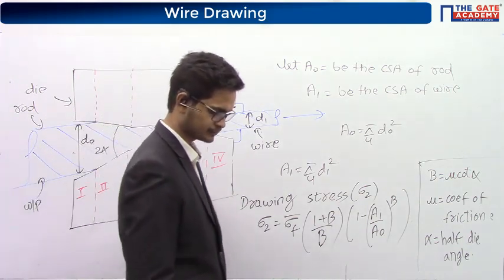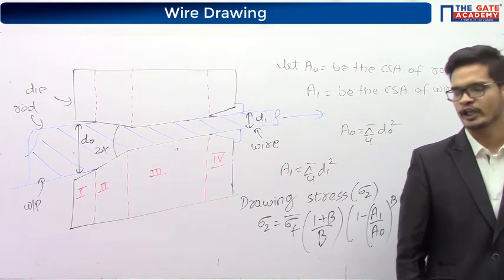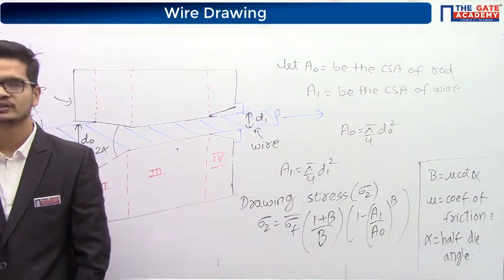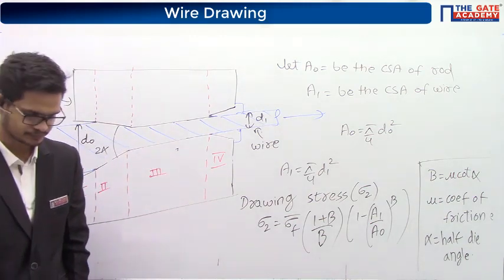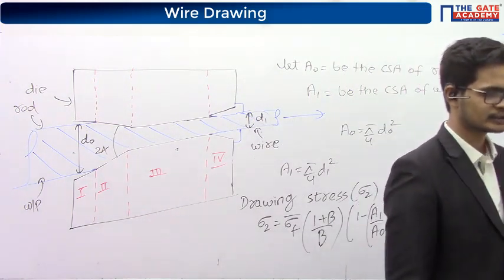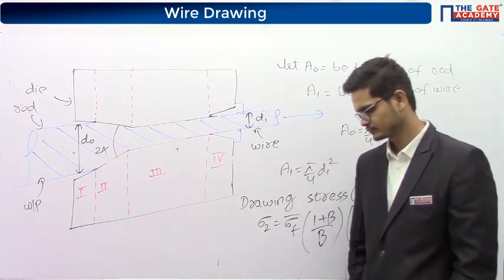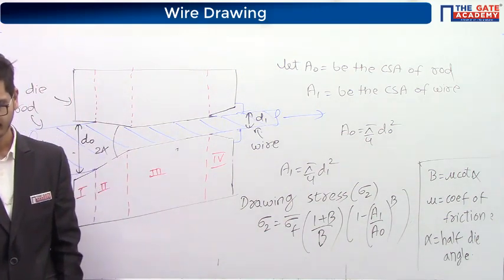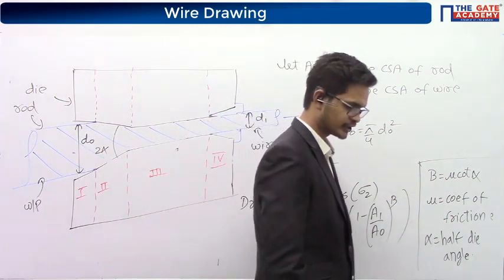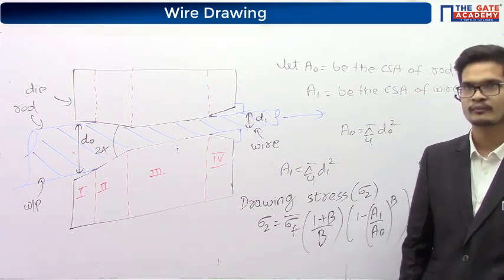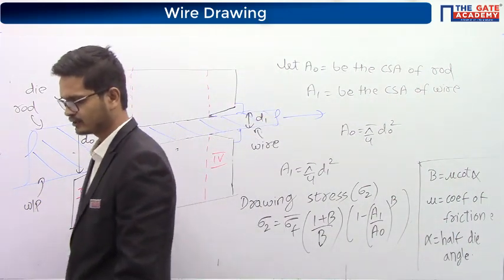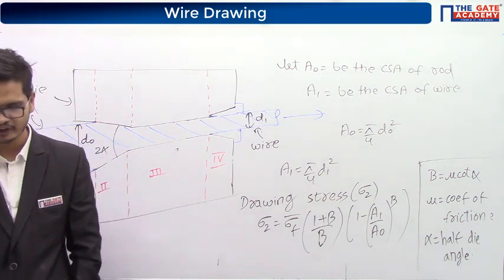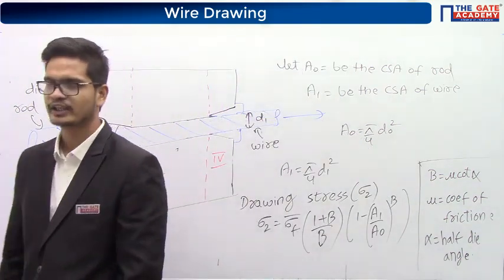Next point. If the drawing stress sigma 2 is greater than the average flow stress, then the stresses induced will be higher than the average flow stress.